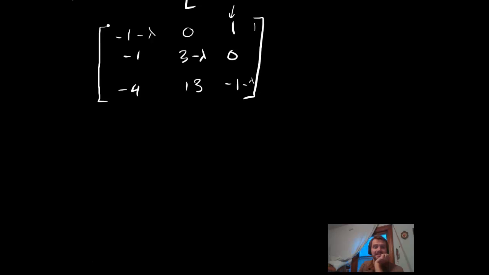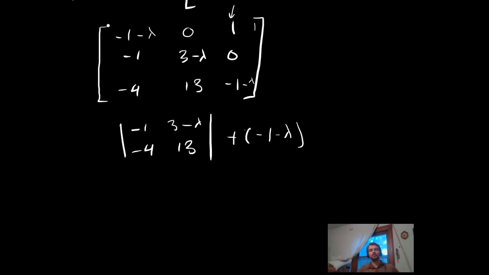So it's going to be 1 times the determinant of -1, 3 minus lambda, -4 and 13, 0, and then we have plus, so -1, I'm going to write this actually with a parentheses, -1 minus lambda inside the parentheses, and that will be multiplied by the determinant of -1 minus lambda, 0, -1, and 3 minus lambda.